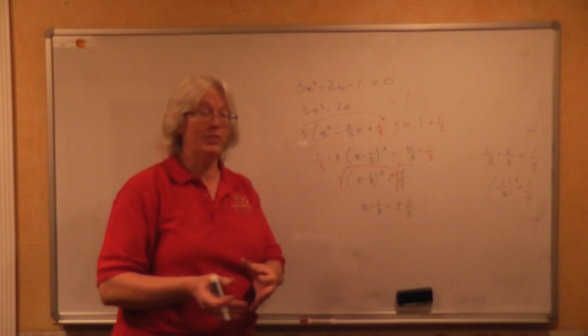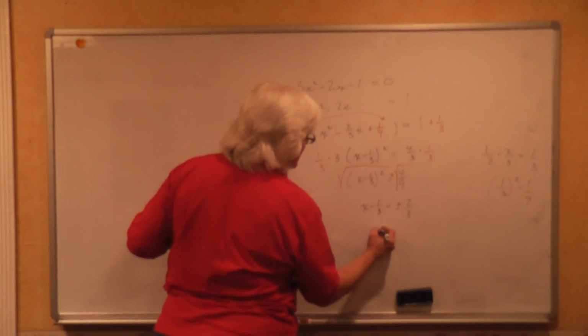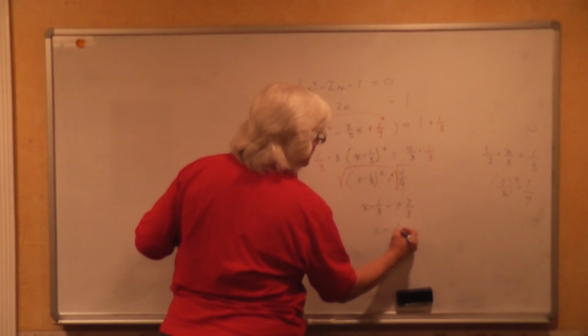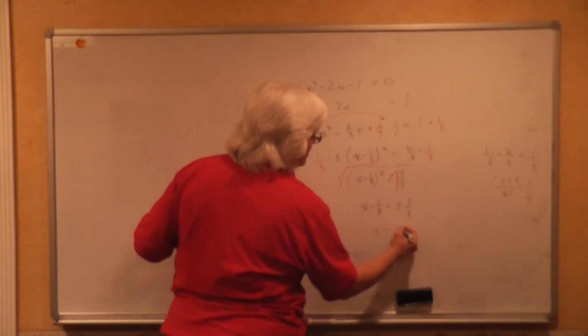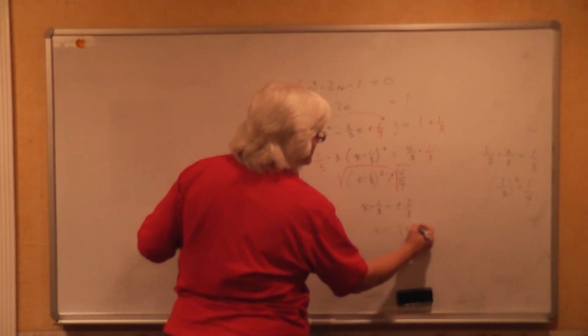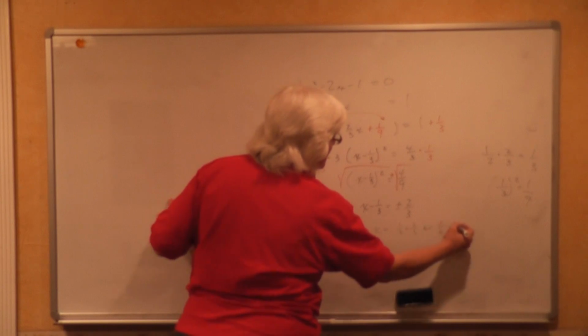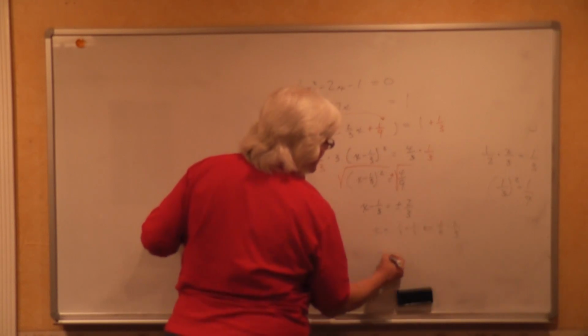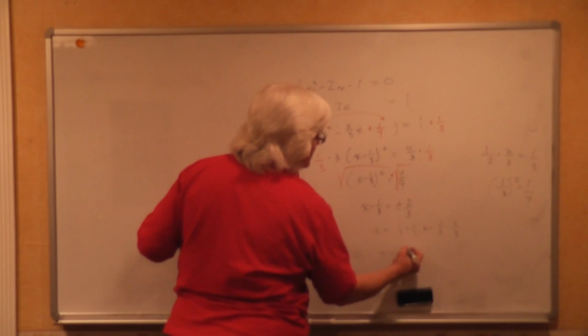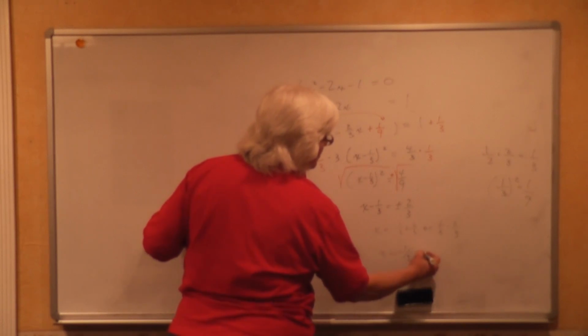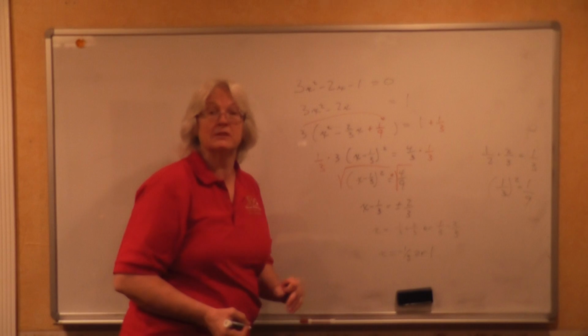Now we're going to add 1/3 to both sides of the equation. x is equal to 1/3 plus 2/3, or 1/3 minus 2/3. So x can be equal to negative 1/3 or a positive 1.